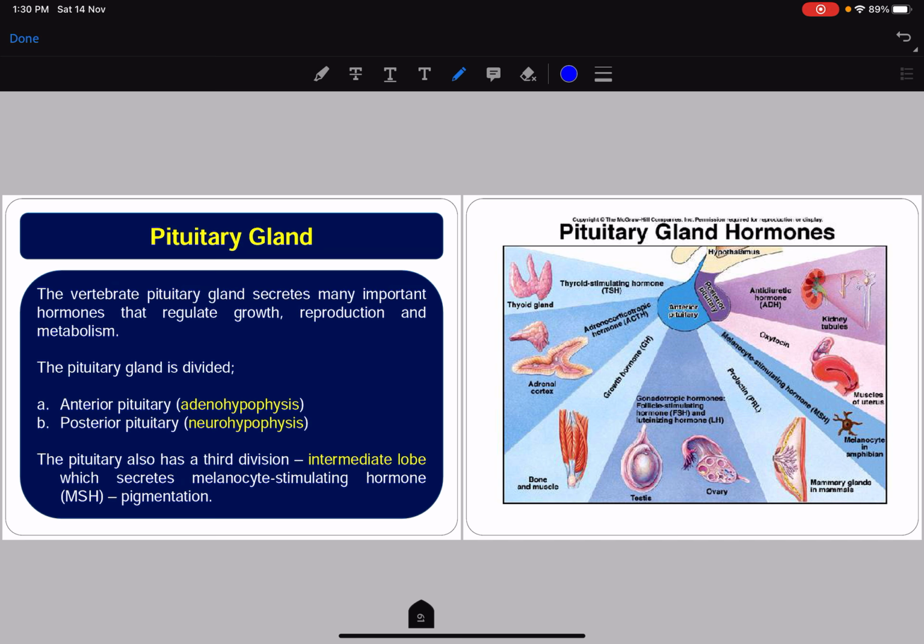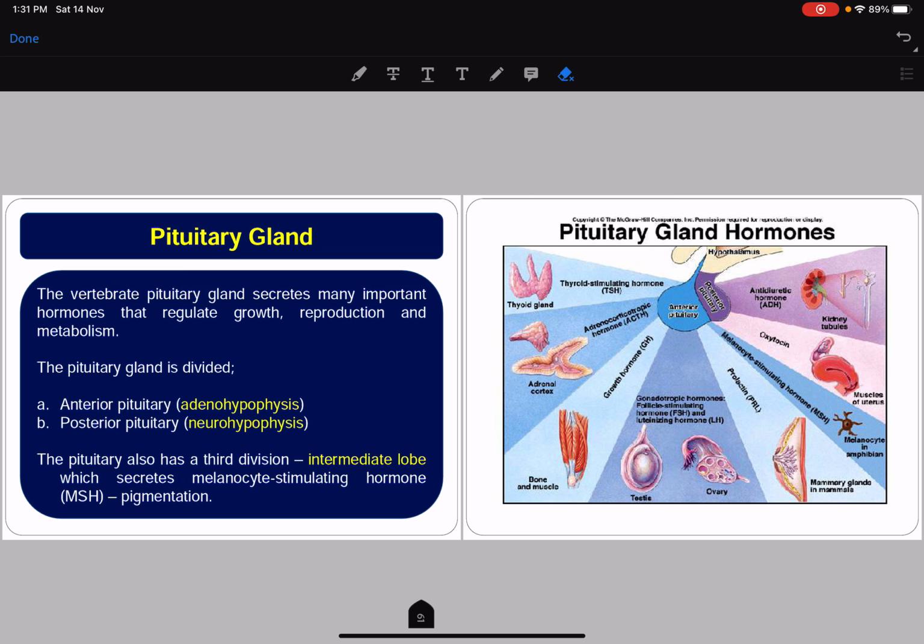Next, we look into the major glands of the endocrine system. The pituitary gland: the vertebrate pituitary gland secretes many important hormones related to growth, reproduction, and metabolism.